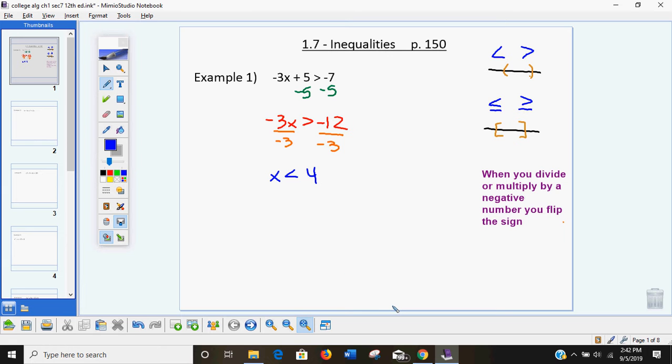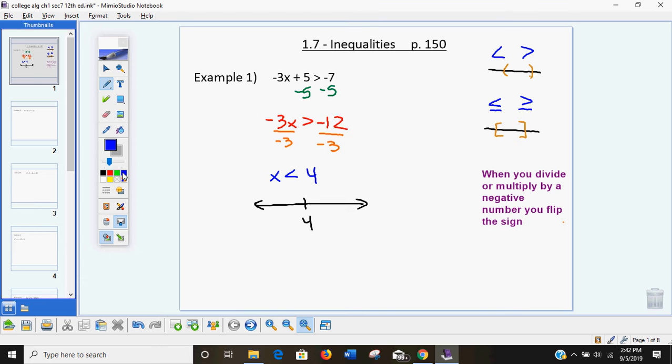So let me show you how that is done on a number line. So draw your number line, put 4 on it. Now you often hear me say, move your letters to the left, your numbers to the right. That's what I did here. I moved my numbers to the right. I keep my letters on the left. If you do letters left, numbers right, you can follow your arrow when you shade.